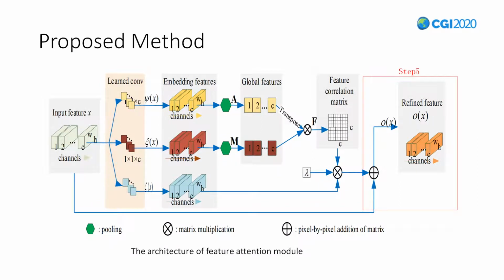Step 5. The non-local feature map Y is multiplied by a parameter lambda and added to the original feature X to obtain the context-aware enhanced feature OX.